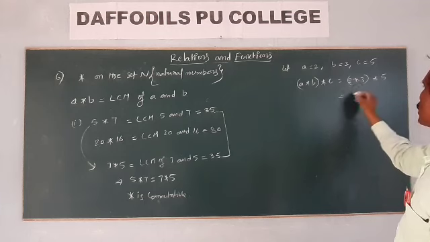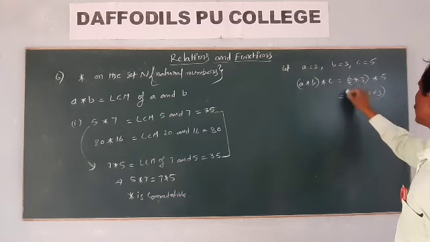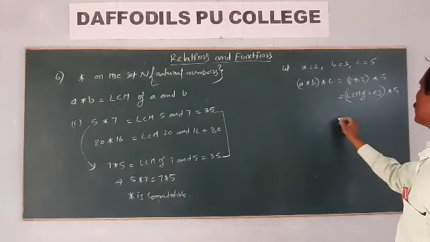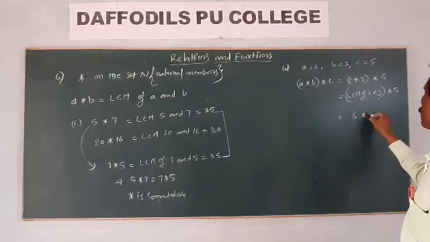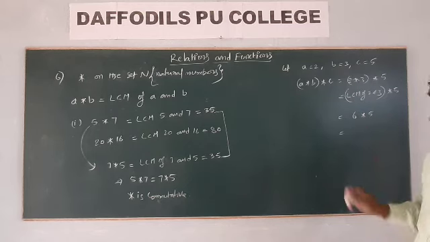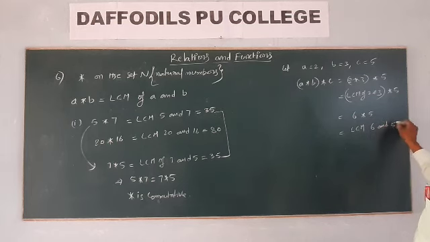What does 2 star 3 mean? LCM of 2 and 3 is 6, so 6 star 5. What is 6 star 5? LCM of 6 and 5 is equal to 30.